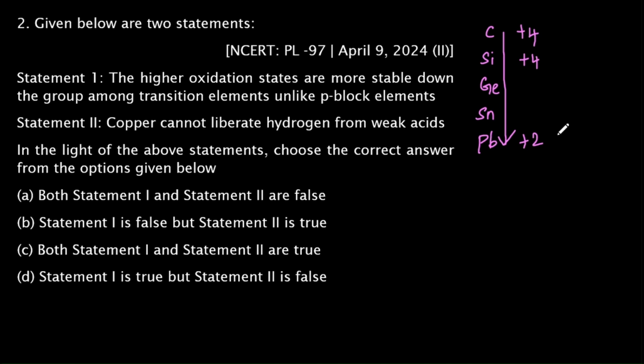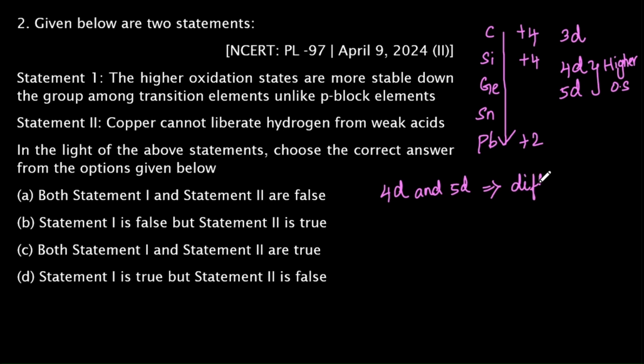But if we go to the d block elements, that is the transition elements, when you compare the 3d series with the 4d series and 5d series, the 4d and 5d series have stable compounds in higher oxidation states. This is because the 4d orbital and 5d orbital are very large and diffused and they are spread out in space.